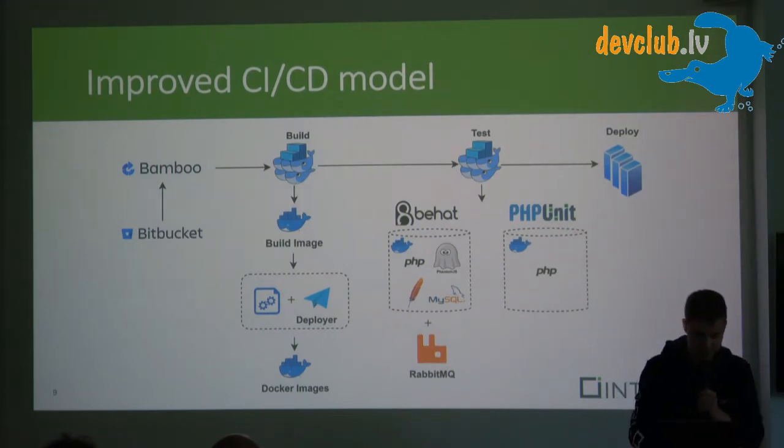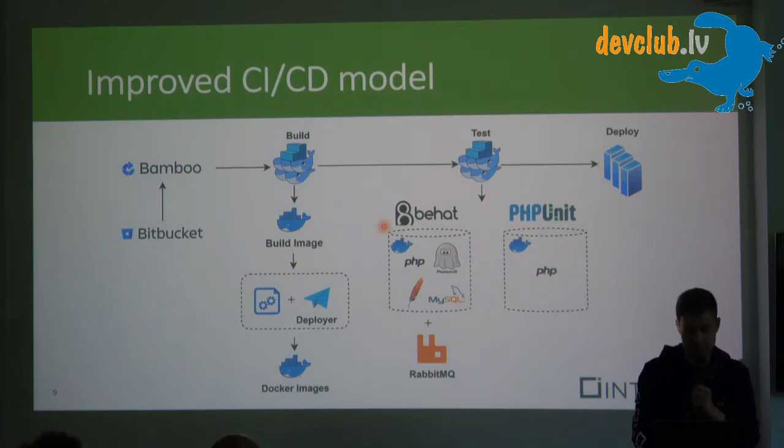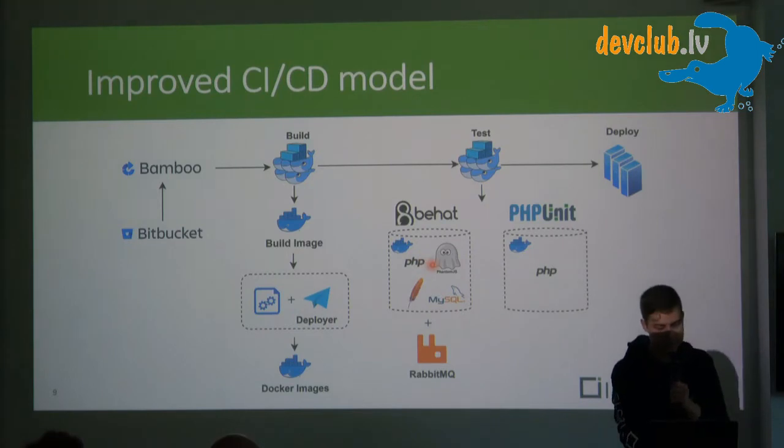And as an improvement, now Bamboo was calling, with the help of Docker Swarm, a process that was creating a build container that was producing Docker images that were later utilized during the test pipeline for the unit tests and for the Behat tests. For Behat, we created consumers, and that was consisting of different containers like a headless browser, Phantom.js, database, Apache, PHP, and other containers.